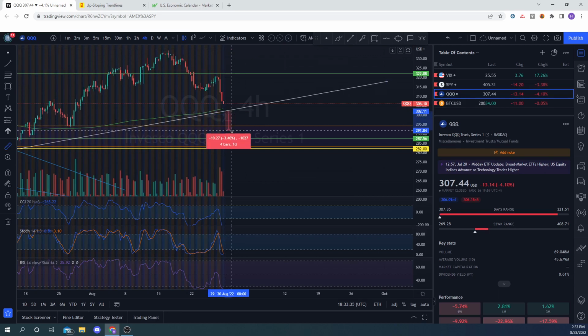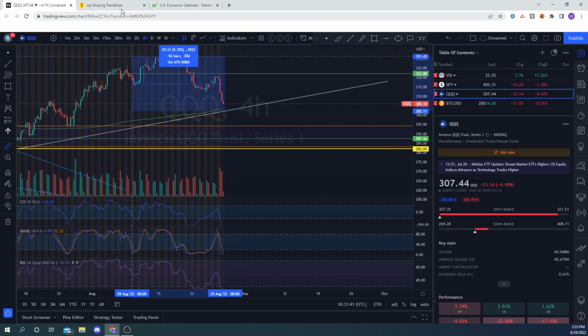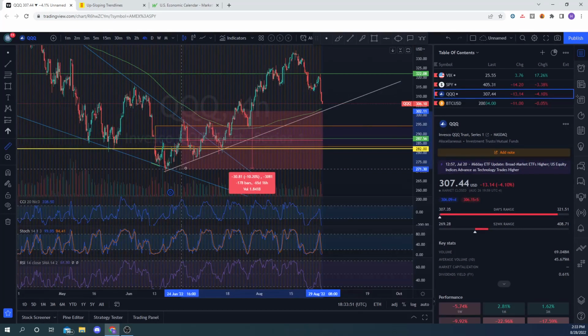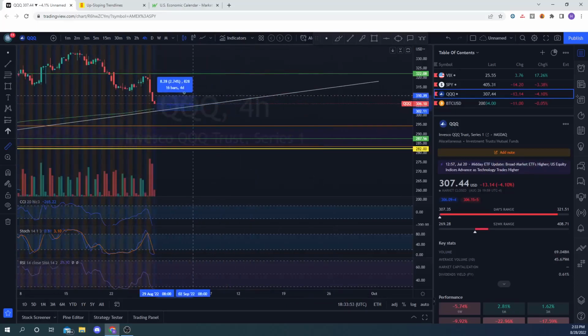It does not matter. You are taking the position on the trend line break. That is the point of having patterns and using them. We drew this on the 4-hour chart, so we're going to be using a 4-hour candlestick. So if we get a 4-hour close underneath this trend line, as you have not this whole time, then that is our buy signal, and that's where we go short.